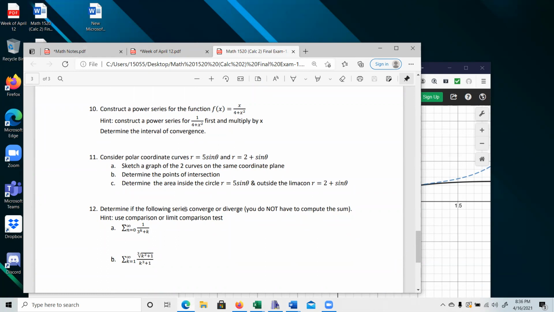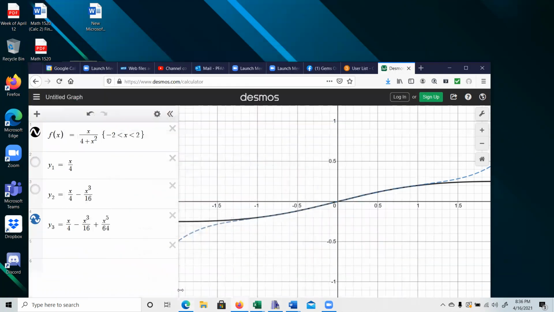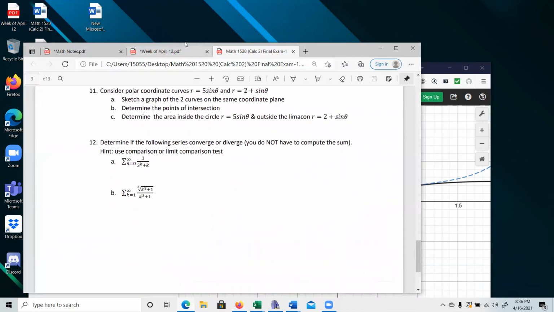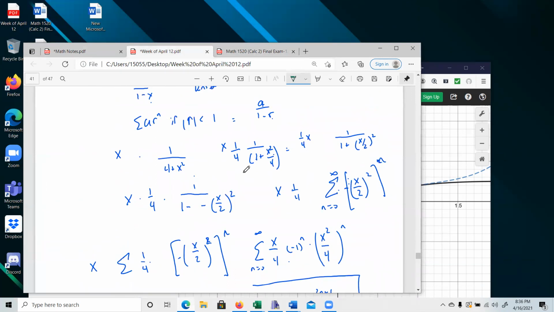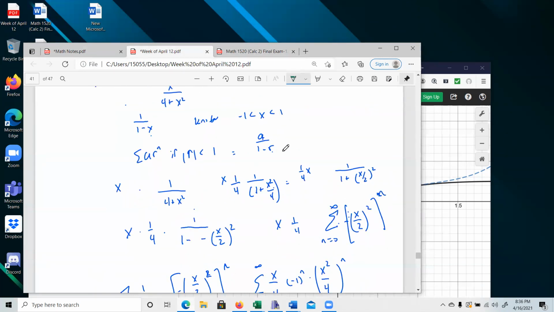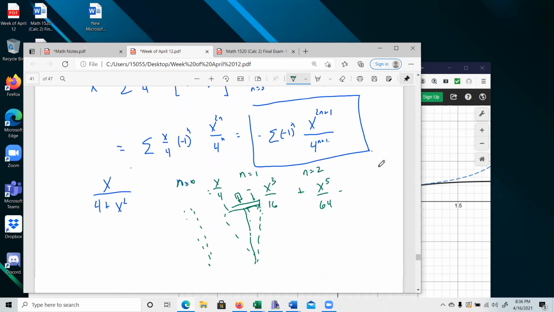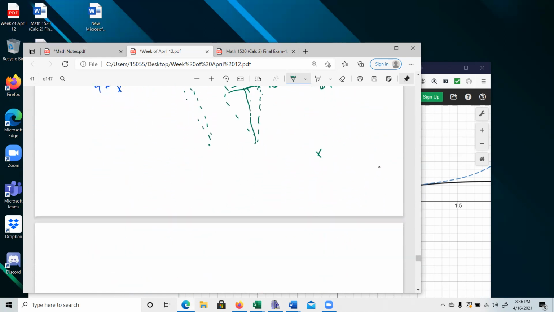Oh, we need the radius of convergence. Sorry, I kept talking. Radius of convergence. So in order for this to work, this x over 2 squared has to be less than 1 and greater than negative 1.